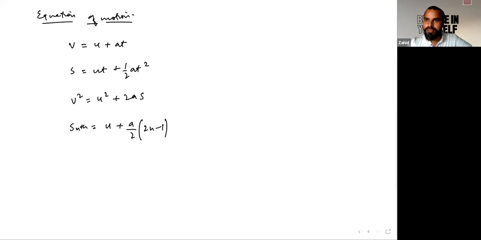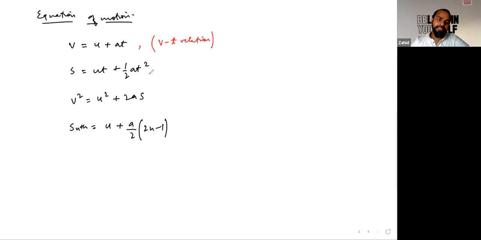So what do these equations actually mean? In any of the equations, acceleration is always constant, so first try to find acceleration to find any of the other quantities. The first equation relates velocity, acceleration, and time, so it is called the velocity-time relation.